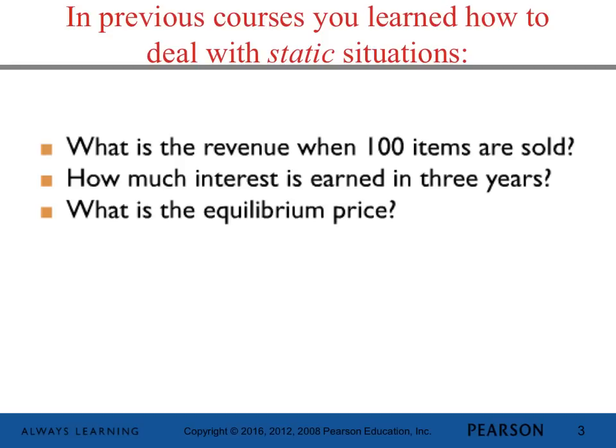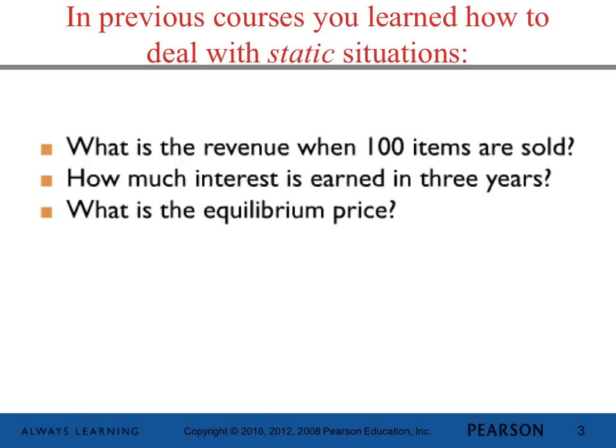Same thing for how much interest is earned in 3 years on some kind of an investment that you've made. You have a formula that you plug in the interest rate and the time in 3 years and how much you originally invested, and you can calculate what the future value of that investment was and subtract what you initially invested, and you will have the amount of interest that you earned on your investment.